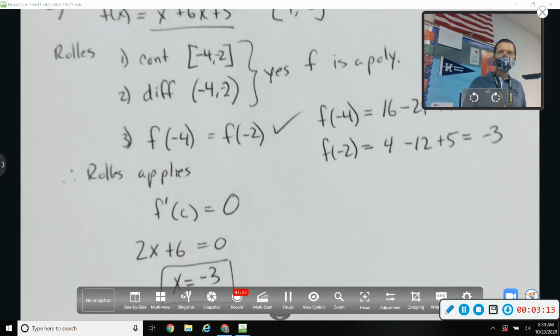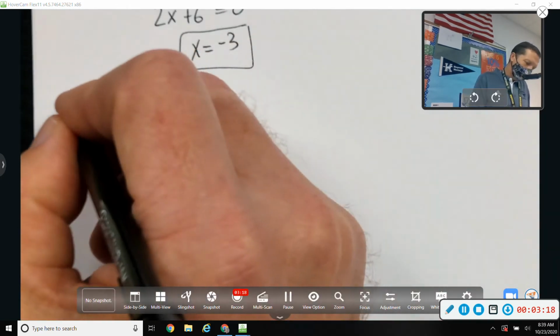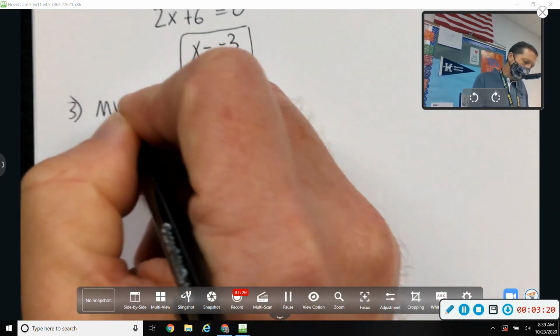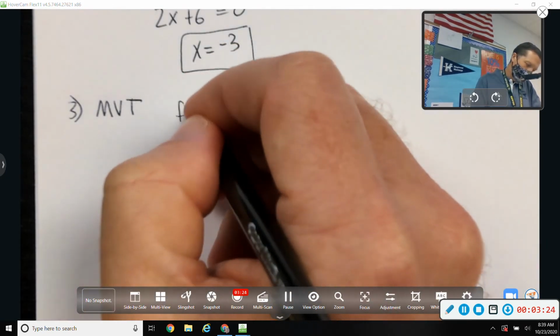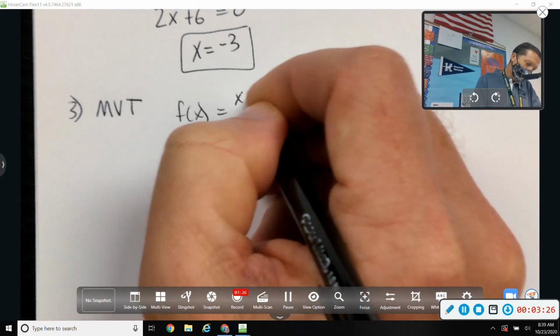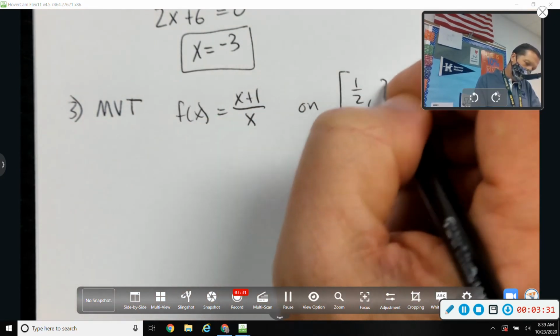Questions on either one of those? Did those kind of quick. Number 3 is an MVT problem. f of x equals x plus 1 over x on 1/2 to 2.